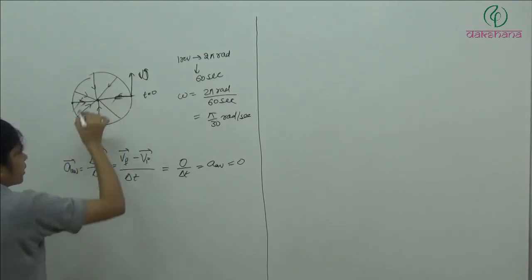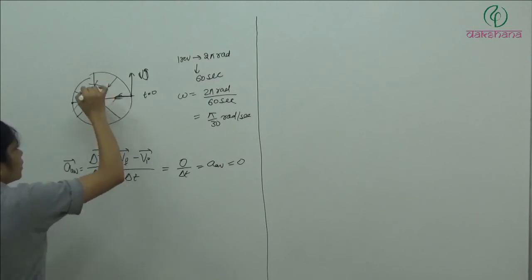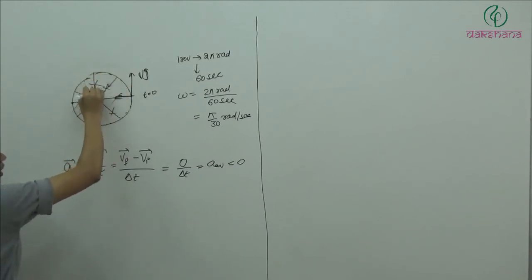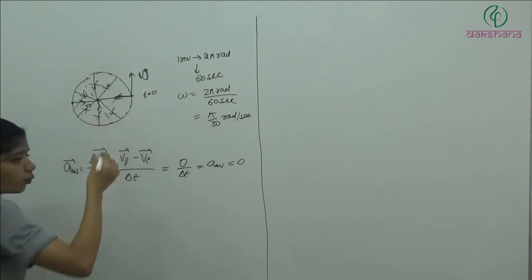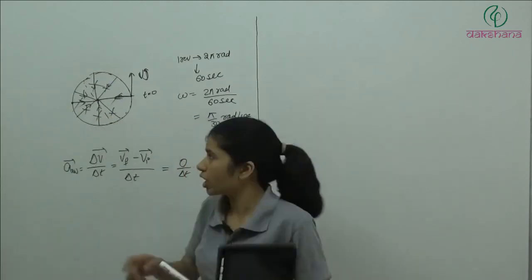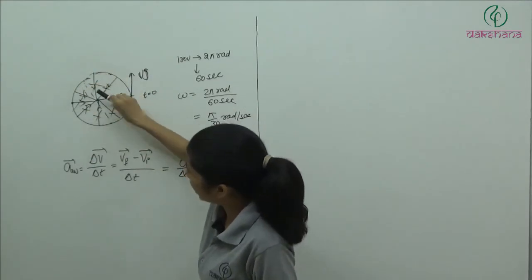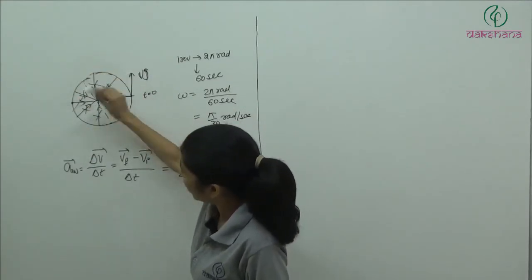These two cancel each other, and these two cancel each other. Similarly, if you take a small interval, after some time you will find its exactly opposite vector lying in that complete duration. For this there is an opposite vector, for this there is an opposite vector.